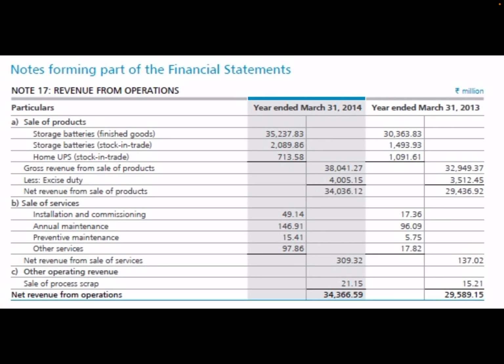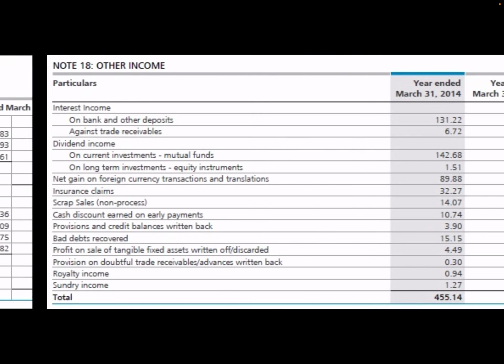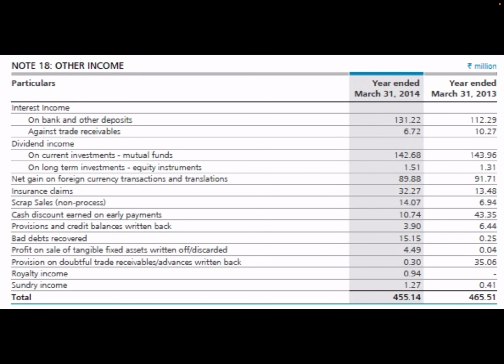If you notice the P&L statement, apart from net revenue from operations, ARBL also reports other income of rupees 45.5 crores. Note number 18 reproduced below explains what the other income is about. So we can see the other income includes income that is not related to the company's main business.